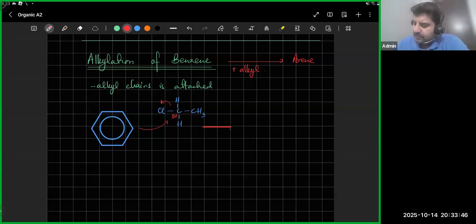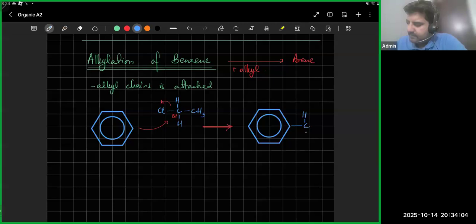So as a result, in that particular carbon, you have to spot the carbon that's got the halogen. That's the one that's going to get attached to benzene, along with the whole thing.